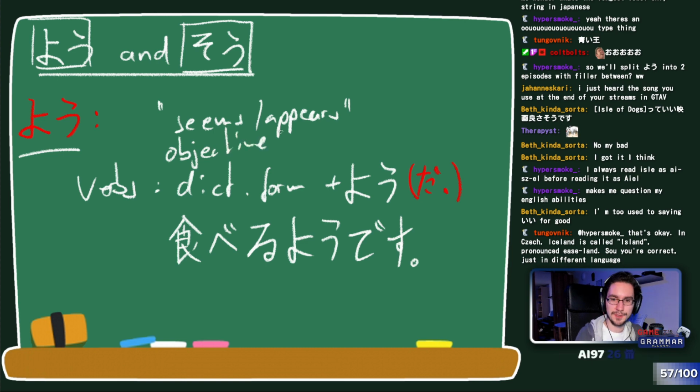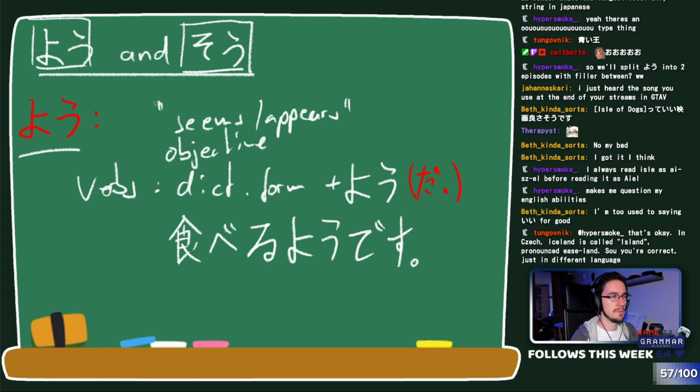Now, it is not 100% objective because you're still making a guess, but it is more objective than so. So tends to be more for how you feel about it, and it's subjective, whereas yo you're more objective about it. You're trying to not use your feelings, more like trying to use factual things that you think are correct.